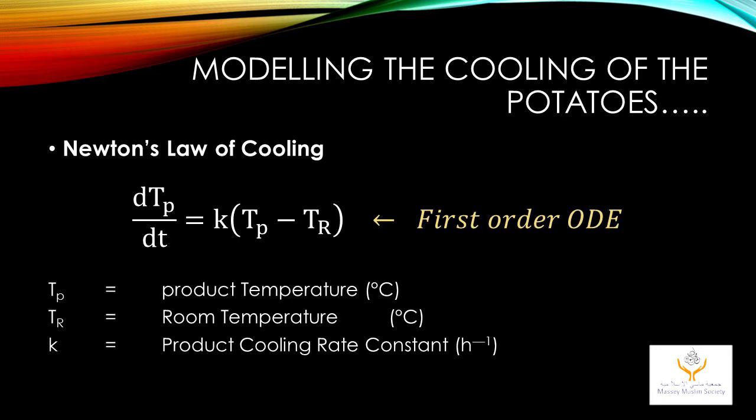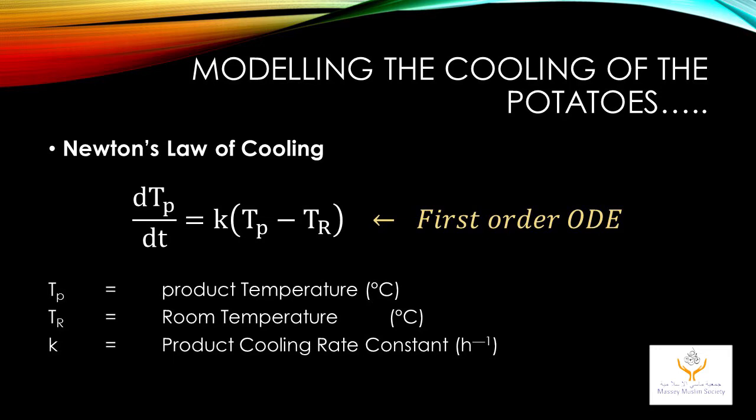Can you please talk about it again? Okay, right. This dTp/dt refers to the cooling of the product. Here, Tp means the product temperature, and it's changing with respect to time.